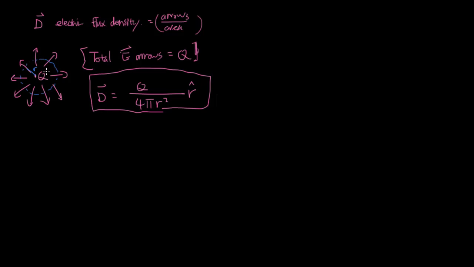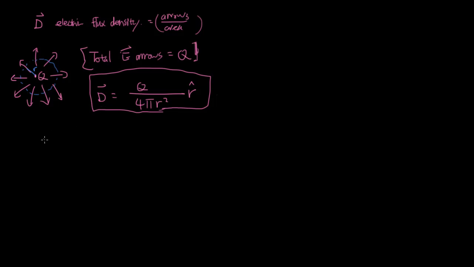And so you can see that the density is inversely proportional to r squared. Just like if this was a light bulb, you'd expect the amount of illumination per unit area to decrease as 1 over r squared as you get further and further away from the light source. So this is kind of a similar thing.